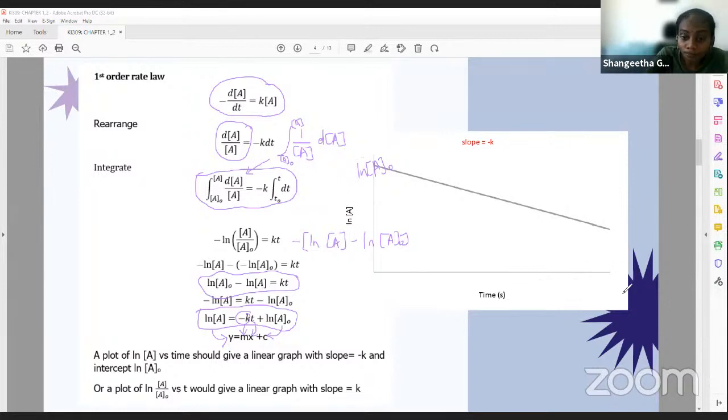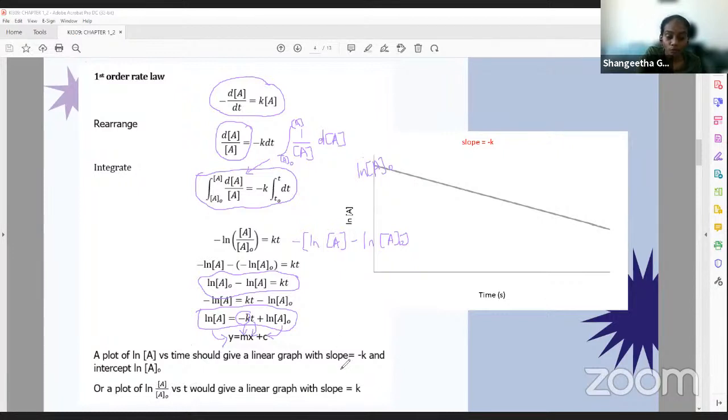So I repeat, when you want to solve a question that has a first order reaction, if you were to plot a graph of ln A over time and you get a straight line with a negative k slope, then this is a first order reaction with respect to A. Or you can also plot ln A over A naught versus t.